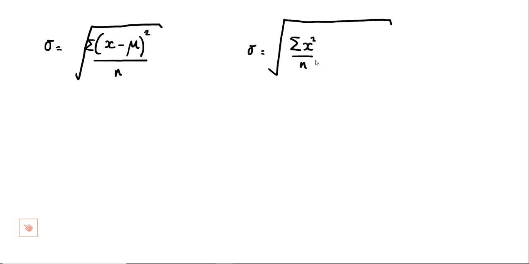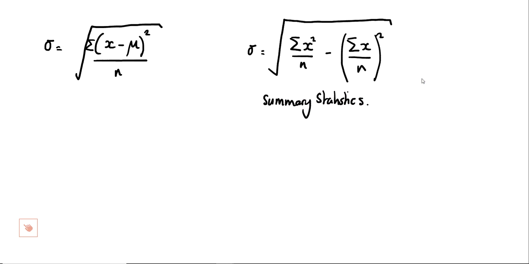So if you take all the individual values that you've got and you square them, and then you subtract the sum of all the values divided by the number of values, which is the mean, and then you square that. So we've got two options. This is always useful to have two options depending on what information you're given. Okay? So this one, as I said yesterday, is based on the summary statistics.